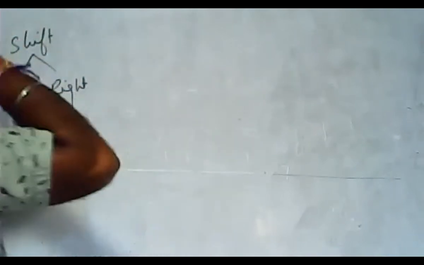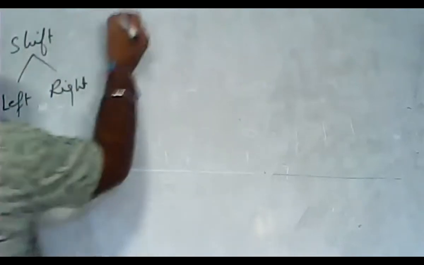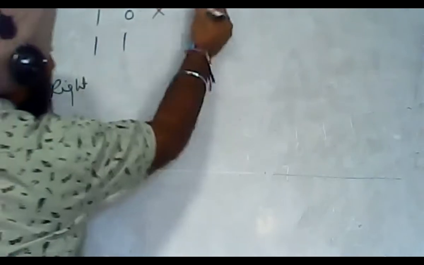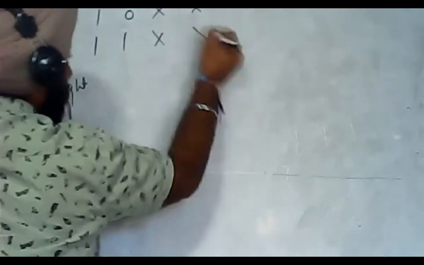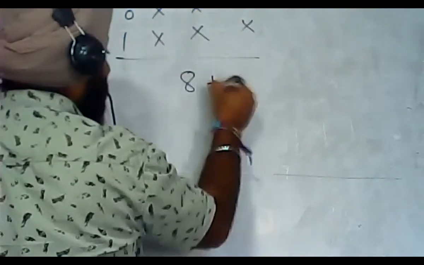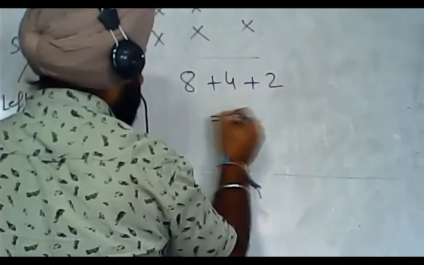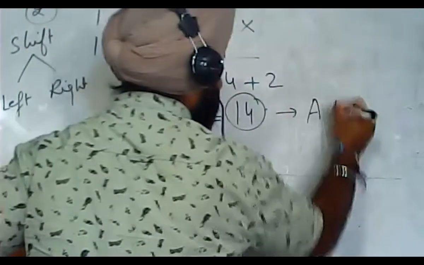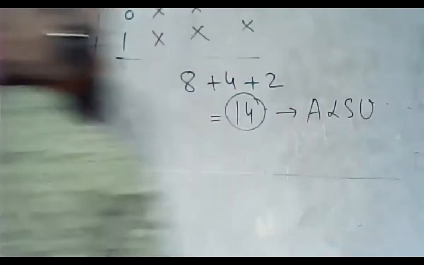For right arithmetic shift, the value of S3 and S2 is 1, 0, and for left it is 1, 1, and all these 3 other inputs are in don't care condition. So these are 2 shifts, arithmetic left and right. So 8 plus 4 plus 2, a total of 14 micro operations will be performed with the help of the ALSU.